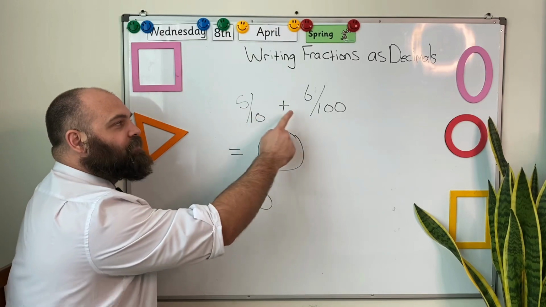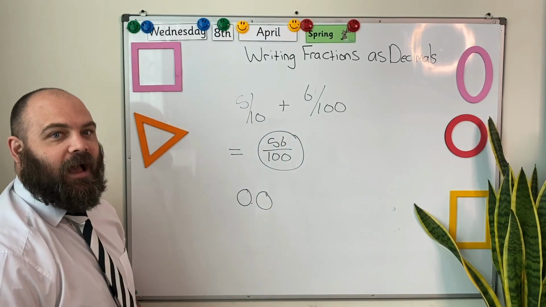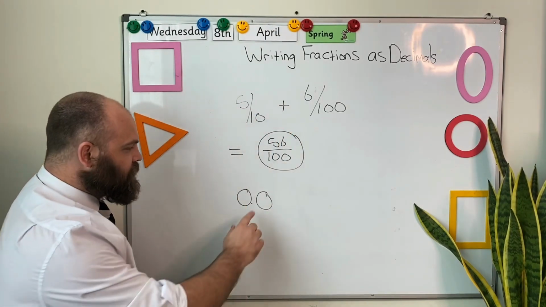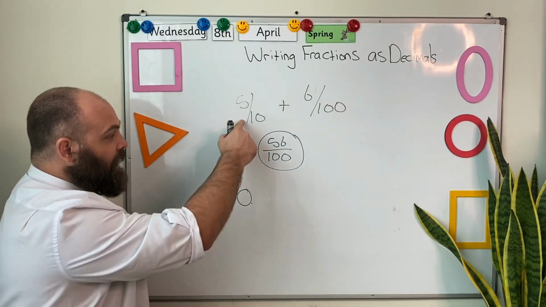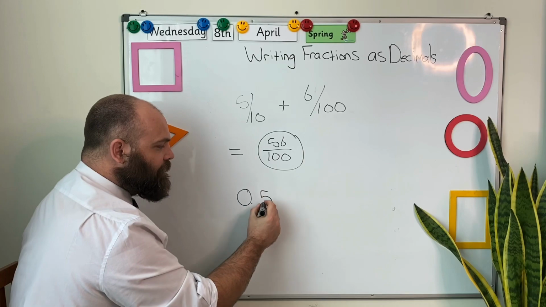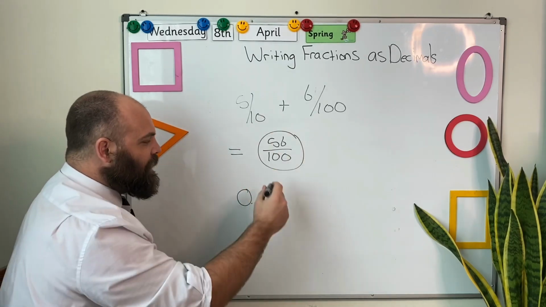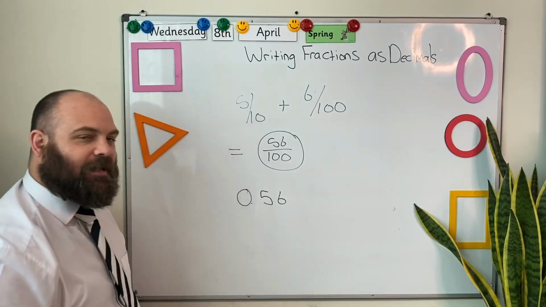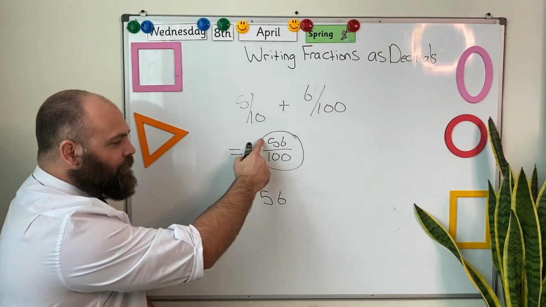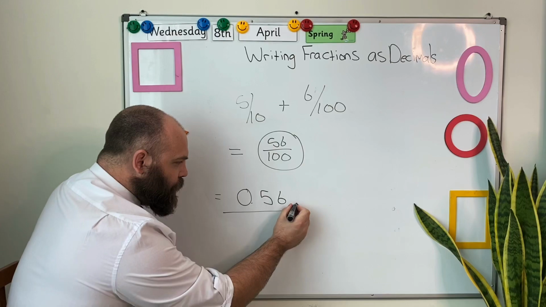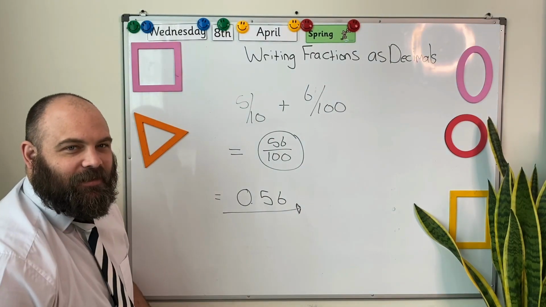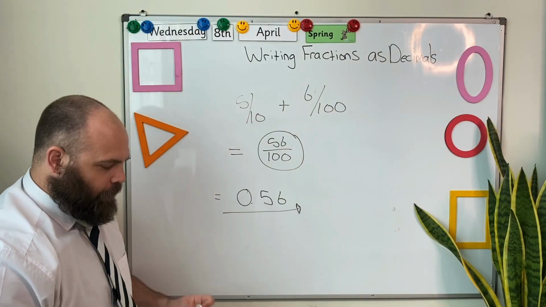If I have 5 tenths and 6 hundredths, I know exactly what needs to go into each column. So 5 tenths means I get a 5 in my tenths column and a 6 in my hundredths column. 56 over 100 is equal to 0.56 in decimal form. Alright?